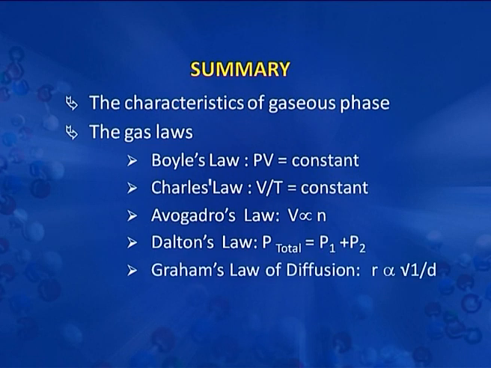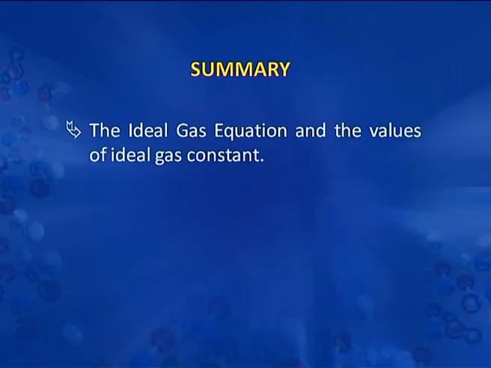Then Graham's law of diffusion, that is the rate of diffusion is inversely proportional to the square root of density, and then we discussed their applications in daily life. After that, we discussed the ideal gas equation and the different numerical values of the ideal gas constant. In the next session, we are going to discuss the assumptions of kinetic gas theory and then we are going to derive it. Thank you.